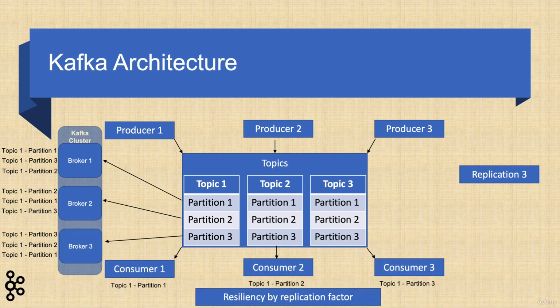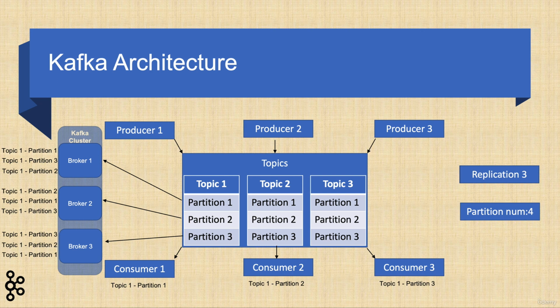In this case, if I add a 4th partition, I can simply add a new consumer to be assigned to that partition, although I could also use one of the previous consumers and assign it to the newly created partition. And exactly at this point, we come to the scalability property of Kafka. Yes, I can use a single consumer to consume all the partitions.